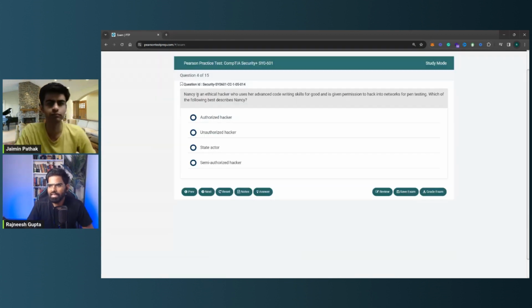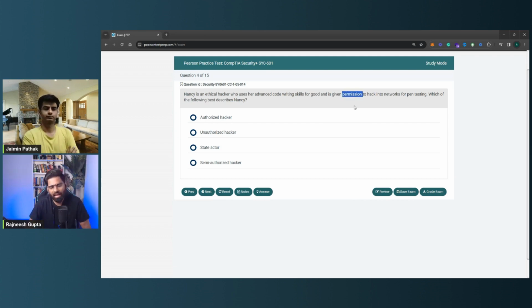Number four, Nancy is an ethical hacker who uses her advanced code writing skills for good and is given permission to hack into a network for pen testing. Which of the following best describes Nancy? Okay, so Nancy looks good, right? She's good, and this is definitely an authorized hacker because she already has the permission, right?